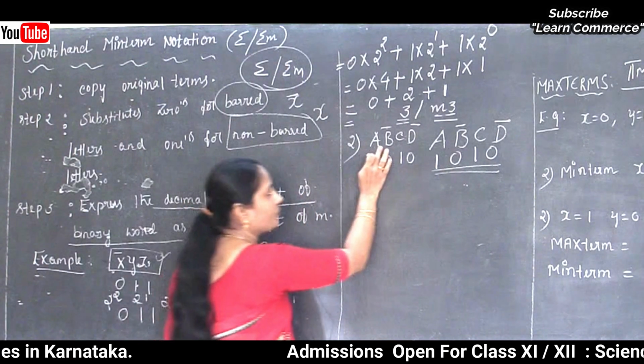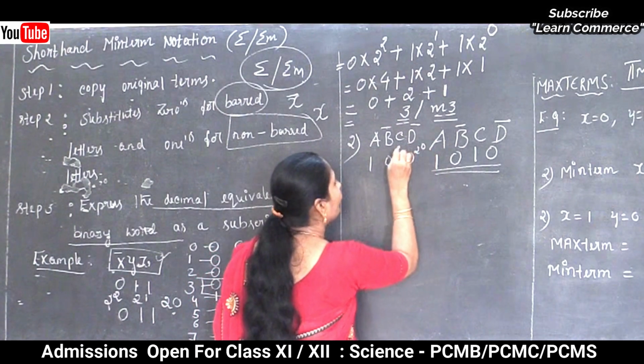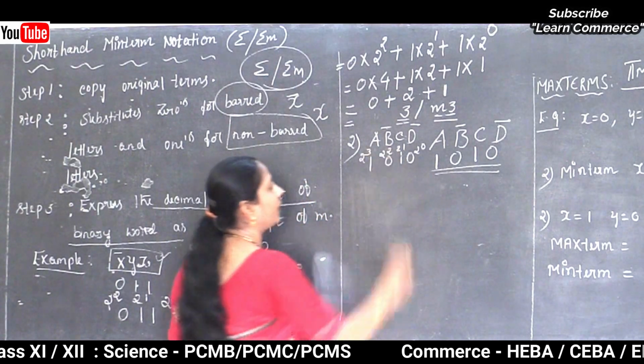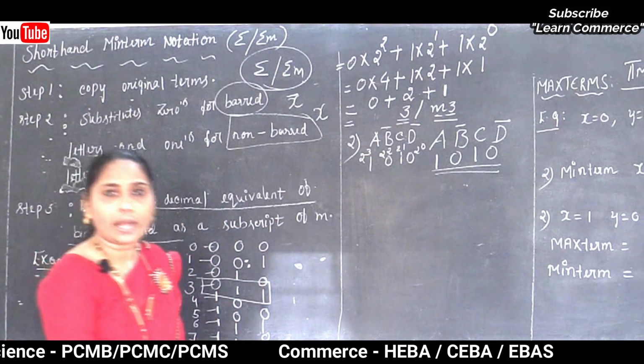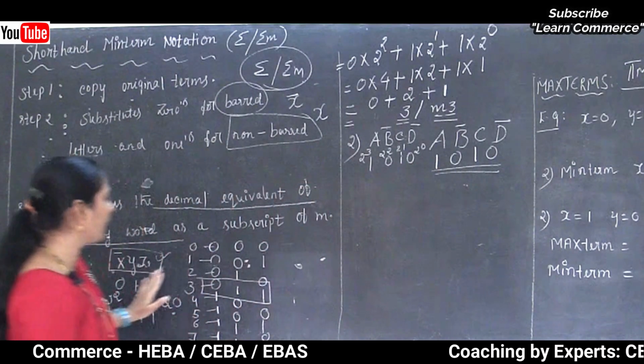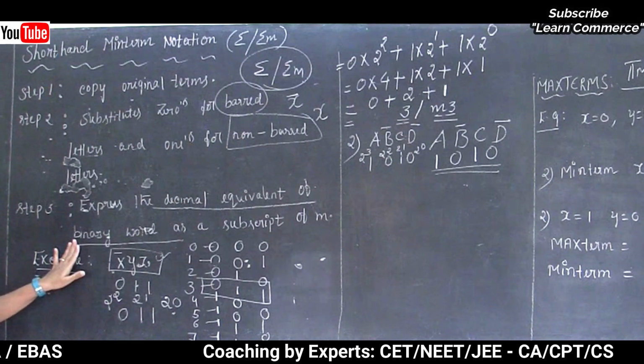So that means we know that here, 2 to the power of 0, 2 to the power of 1, 2 to the power of 2, 2 to the power of 3. So like that we need to use the decimal equivalent of the binary word as a subscript of m.